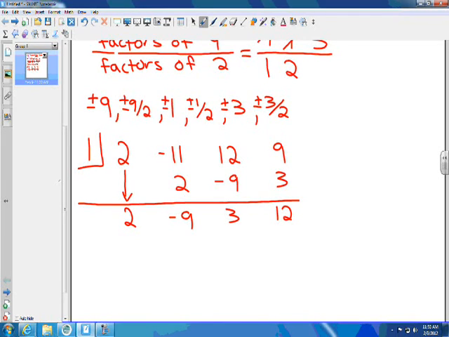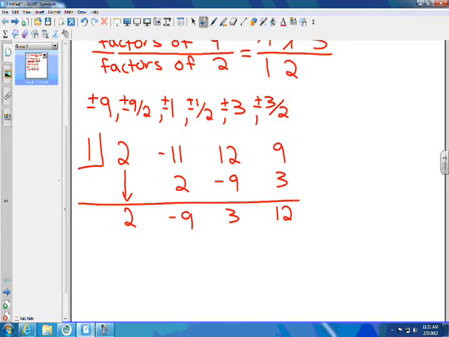Now, what if this should have been a 0 and we make a mistake here somewhere? Like we take 2 times 1 and get negative 2 or something, and we should have gotten 0. What's going to happen to you? You're going to go all the way through all these roots and maybe not find another one. So what does that mean?